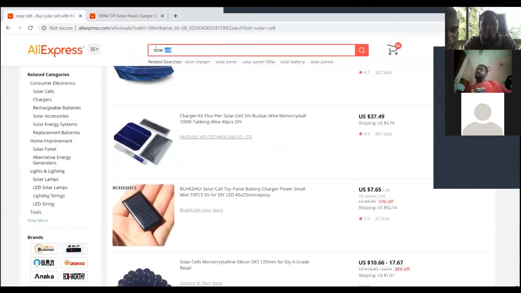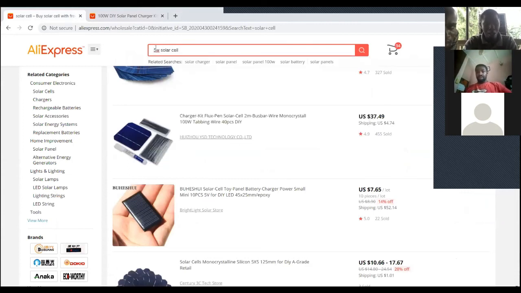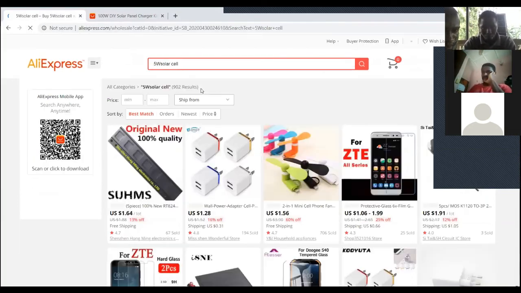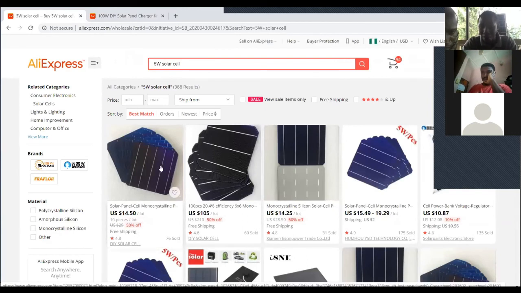So I will browse 5 watt solar cells. Sorry, 5 watts. So this kind of cells, they were 5 watts.